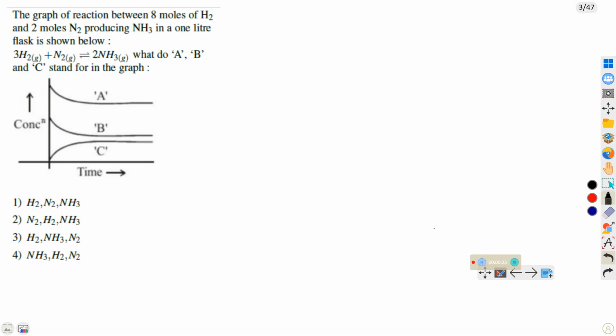The graph of reaction between 8 moles of H2 and 2 moles of N2 producing NH3 in a 1 liter flask is shown below. What do A, B, C stand for in the graph? H2, how many moles are given? 8 moles.